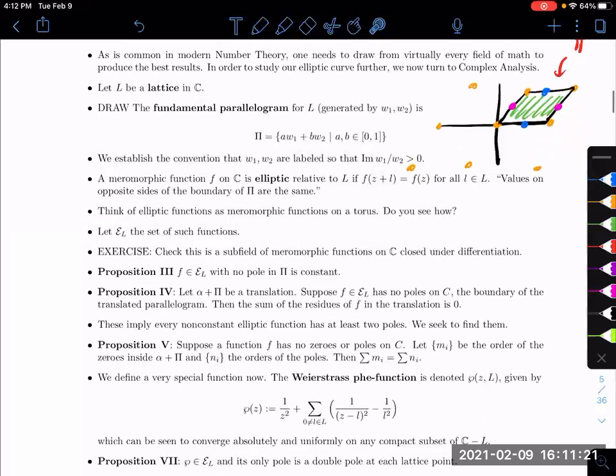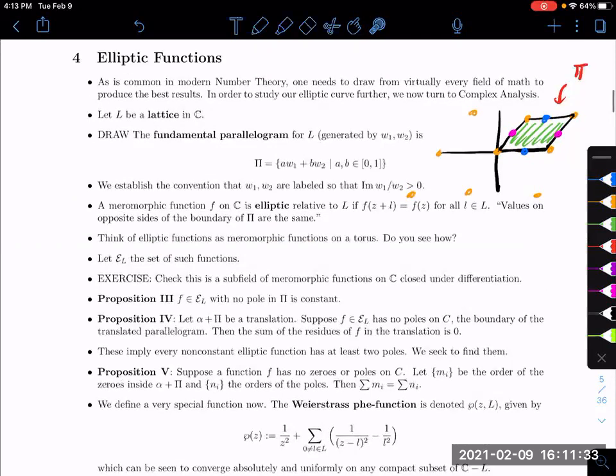And then I think I ended with this statement right here. I said you should think of elliptic functions as meromorphic functions on a torus. And we saw why that is. Why is that? Well, if we're requiring that points on opposite sides of the parallelogram just be identified or have the same function values, then we might as well identify those points.